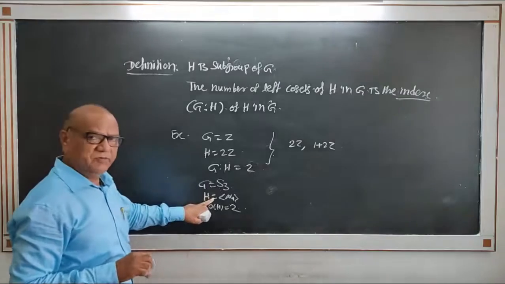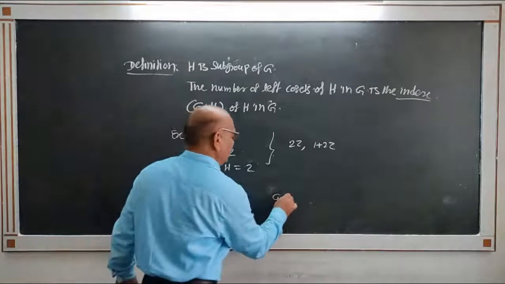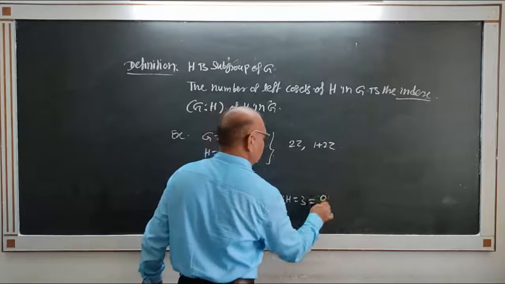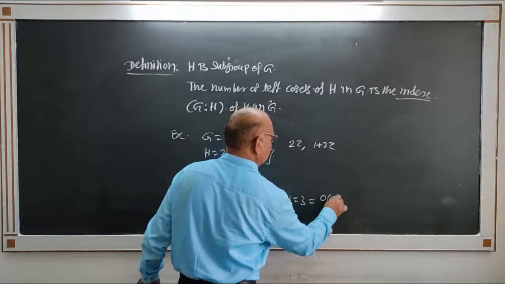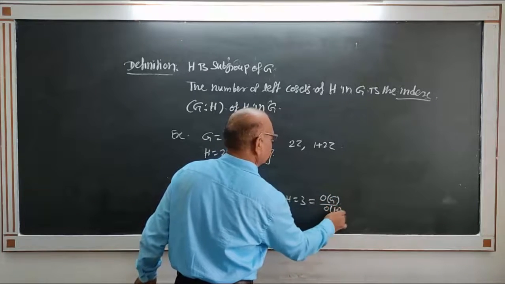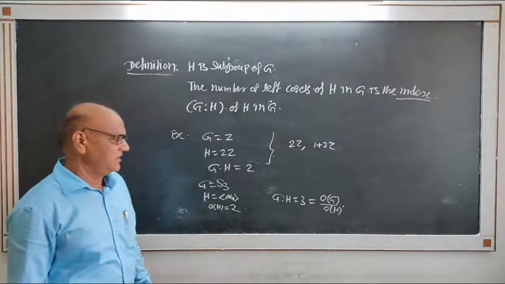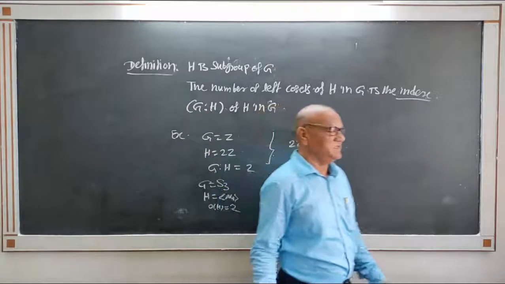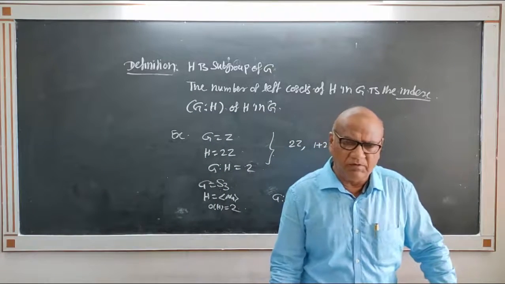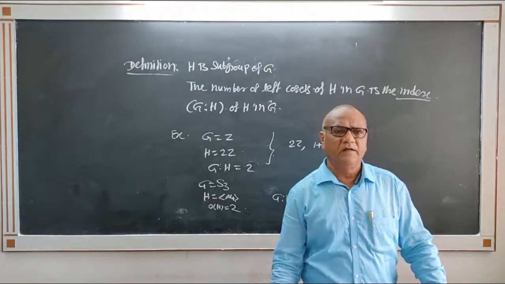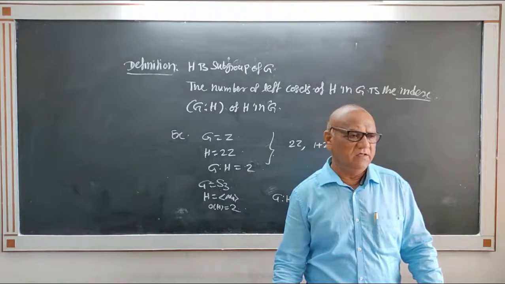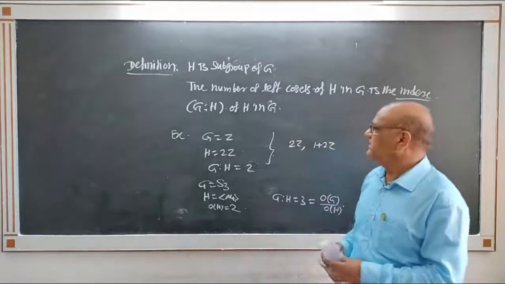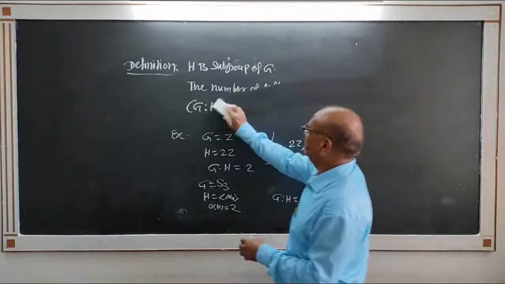Here the number of left cosets is 3, so G : H is equal to 3, and this gives the order of G divided by the order of H. The index of H in G means the number of left cosets.